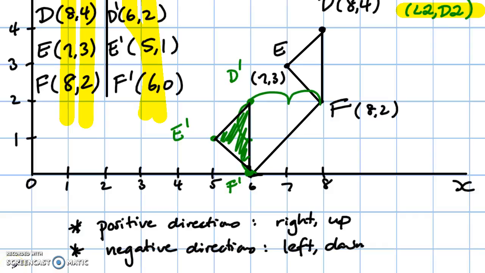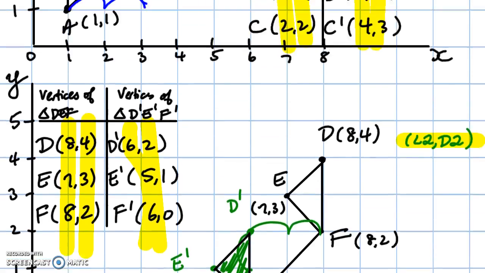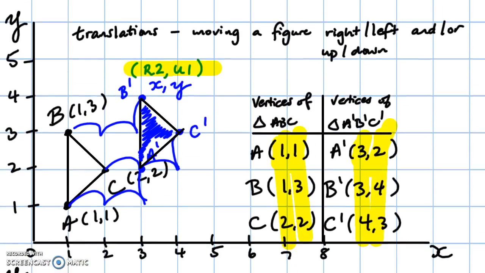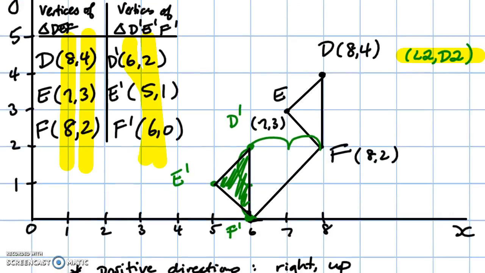So just remember, what you learned today was how to translate a figure on an XY coordinate grid using coordinates as reference points given the translation rule, such as the example in number 1, and doing the same thing, but also being given a translation arrow and figuring out what the translation rule is from there.